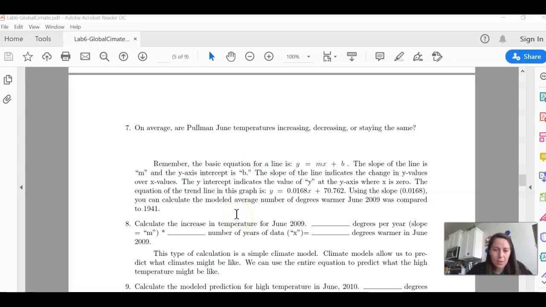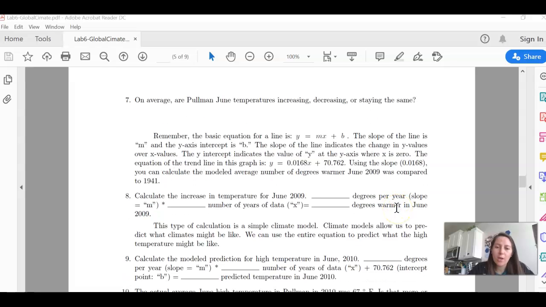That is the y-intercept for this data. And then the slope of the line indicates the change in y values over x values. So how much are the y values changing as the x values change? What is the change that you're seeing, basically? The y-intercept indicates the value of y at the y-axis where x is 0.